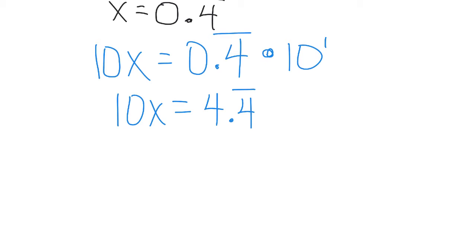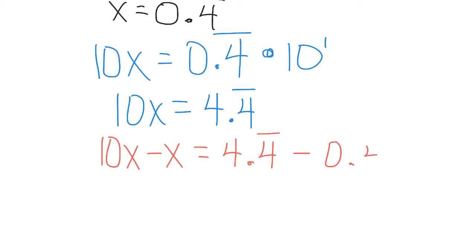If you look back at the top, x is equal to 0.4 repeated. So we want to remove the 0.4 repeated. By doing that, we have to subtract an x. So on the left side, we're going to do 10x minus x equals, and on the right side, we're not going to subtract the x, we're going to subtract the 0.4 repeated because it is equal to x.